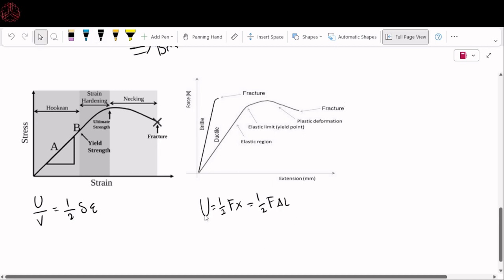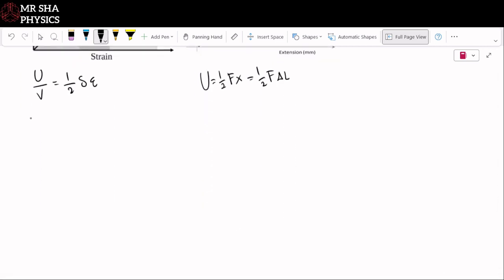A clue to this is that my volume is equal to area times length, and my strain is delta L over L. You can work it out. You can show that the strain energy divided by the volume is stress multiplied by strain.